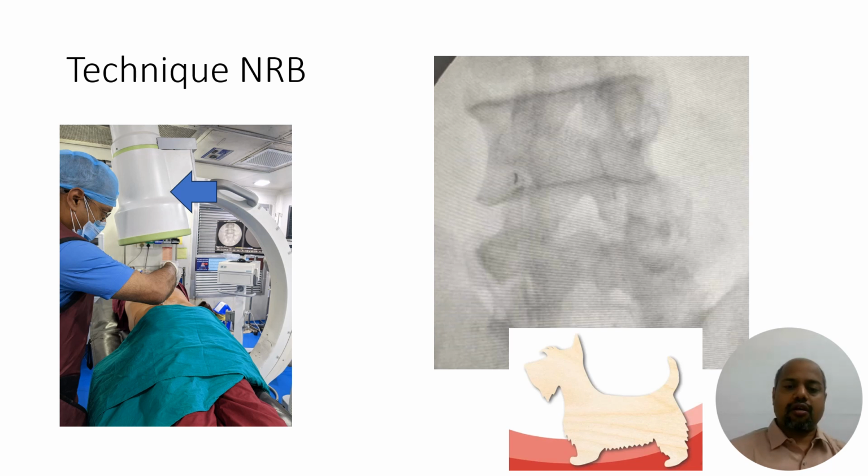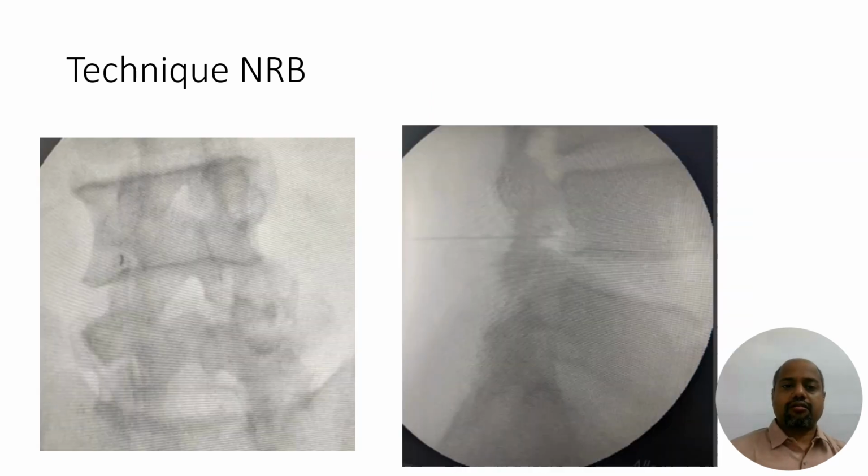The target where you need to keep your needle is going to be this neck of the Scotty dog. Similarly, here you can say this is the neck of the Scotty dog where the target is.